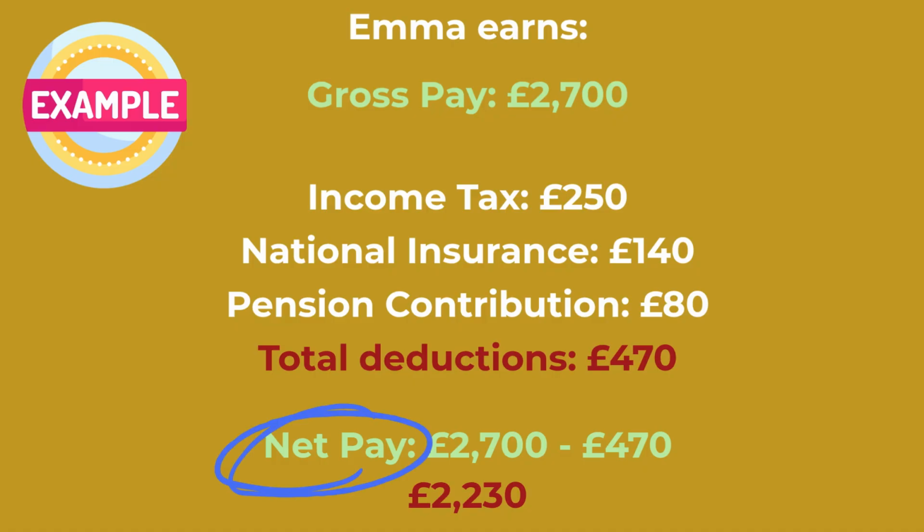Now we calculate net pay, which is the £2,700 less the £470, and that equals £2,230. Although Emma earned £2,700, she receives £2,230 in her bank account. That £2,230 is her net pay.